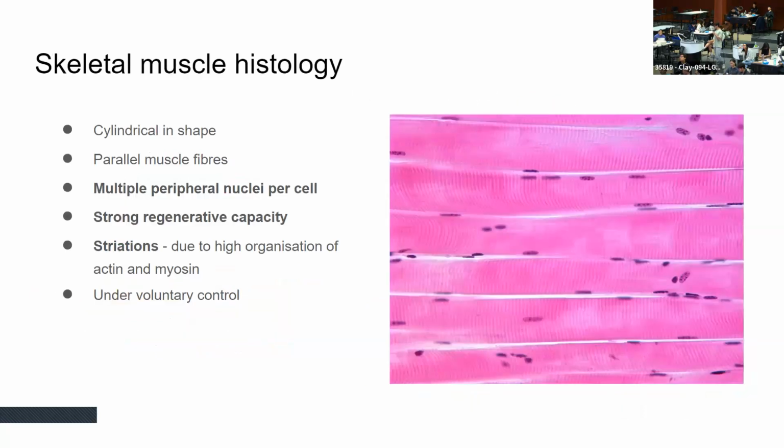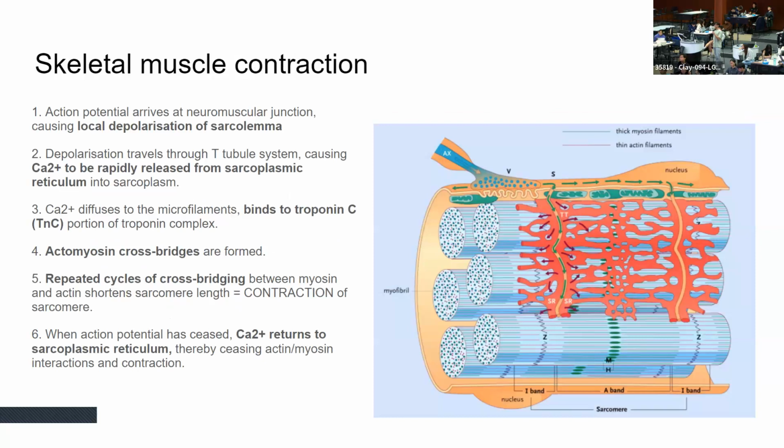We'll go through it. There is a slide, I think. So with skeletal muscle contraction, you've got the action potential coming in at the NMJ, and then the depolarization traveling through the T tubule system, causing Ca2+ release from the sarcoplasmic reticulum into the sarcoplasm.